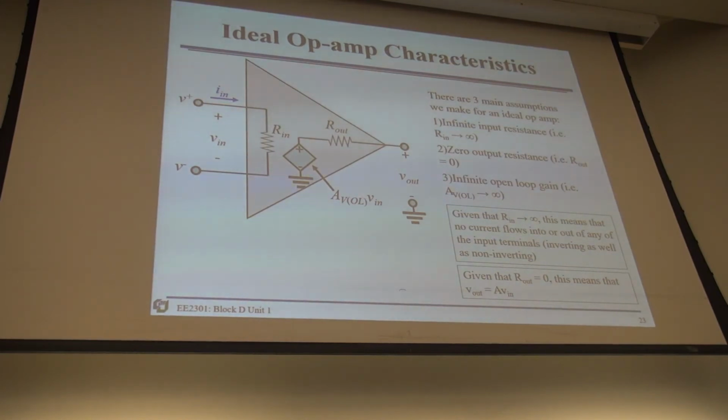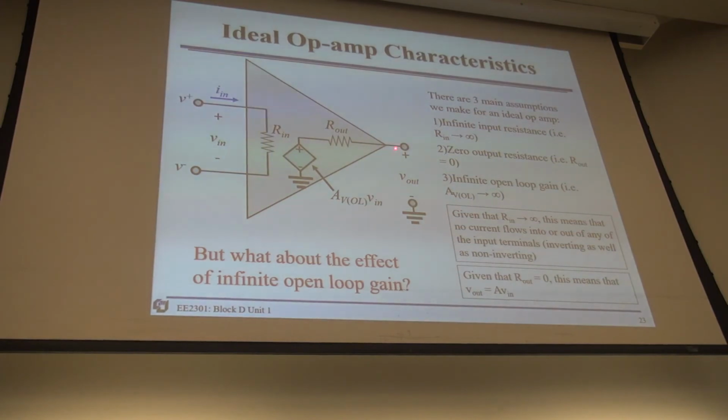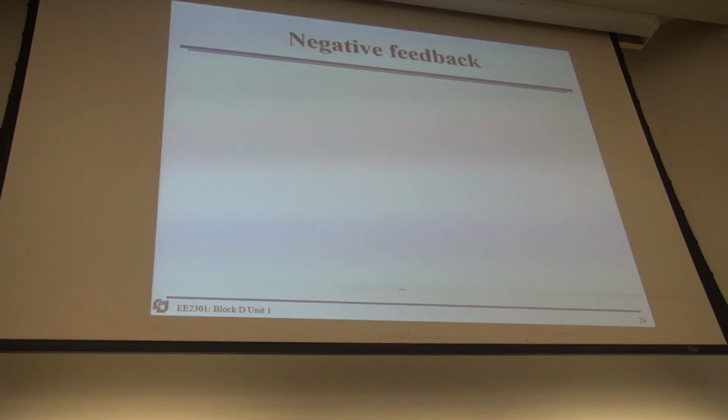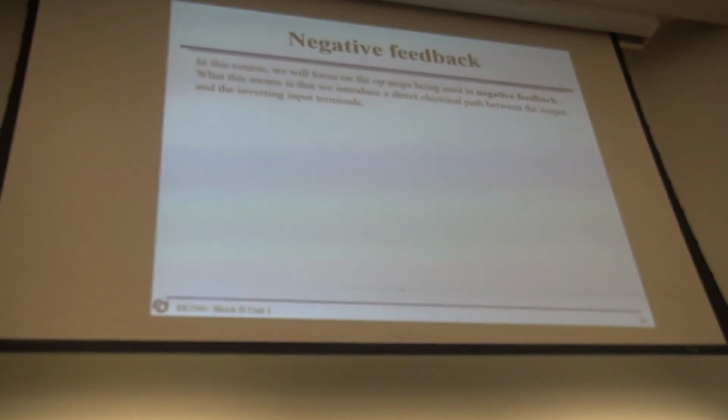So what about the infinite open loop gain? I told you, you cannot get infinite voltage in here. That's not possible. It will get saturated. The maximum is the same as the power supply. So that's the point.